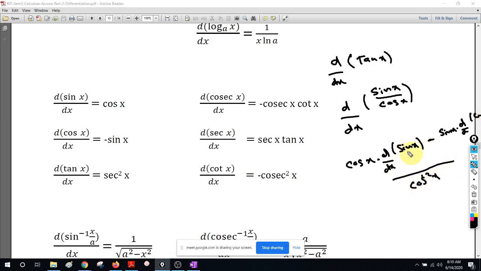So we know that derivative of sin x is cos x, that is cos squared x minus, so derivative of cos x is minus sin x, minus minus become plus, plus sin squared x divided by cos squared x. We know that sin squared x plus cos squared x is 1, that you learn in your trigonometry. That is 1 divided by cos squared x.